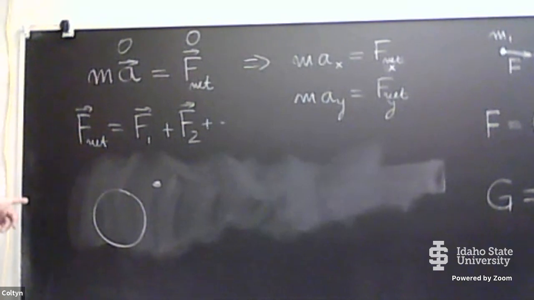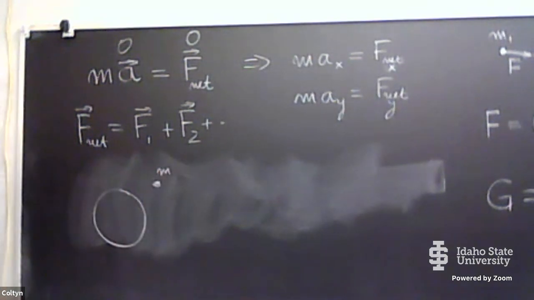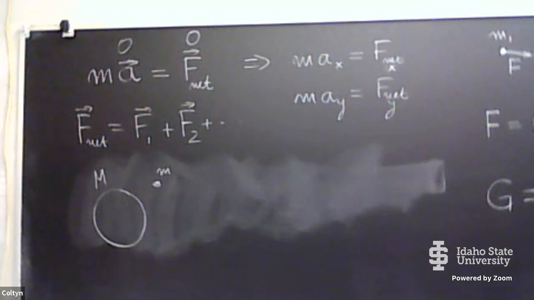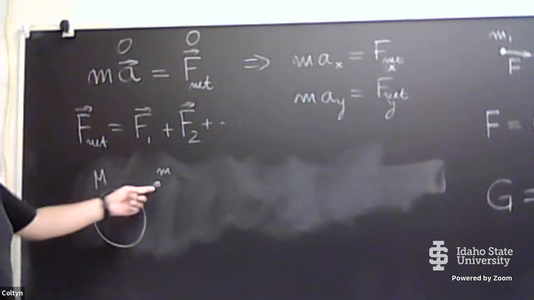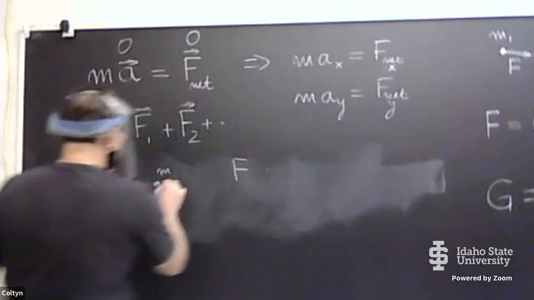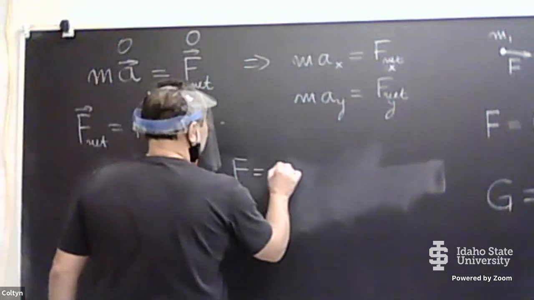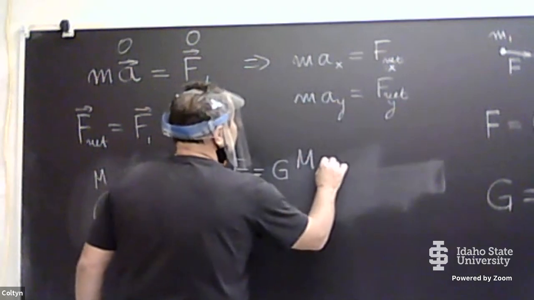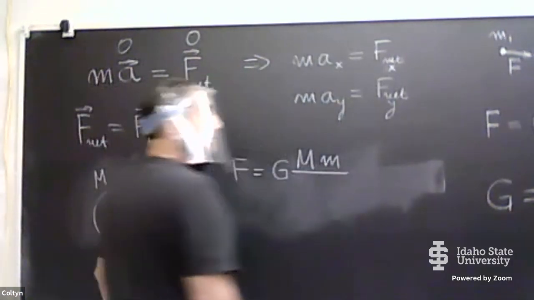So according to Newton's law of gravitation, if the mass of the object is lowercase m, and if the mass of the Earth is capital M, the gravitational force that acts on the small mass is going to be this way, and is going to have magnitude equal to the gravitational constant times the mass of the planet Earth times the mass of your smaller object, divided by the distance between them.